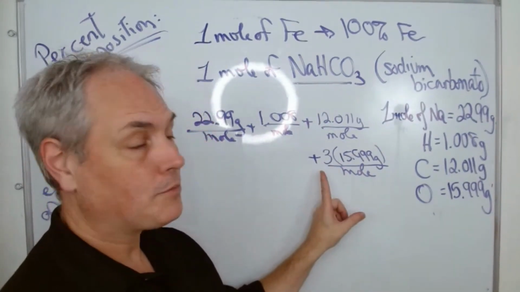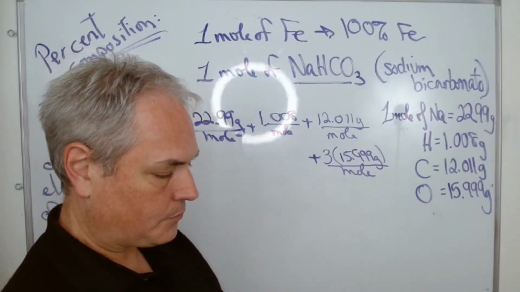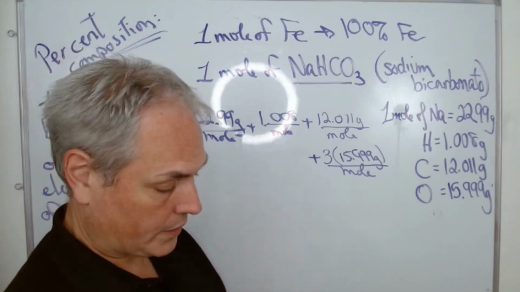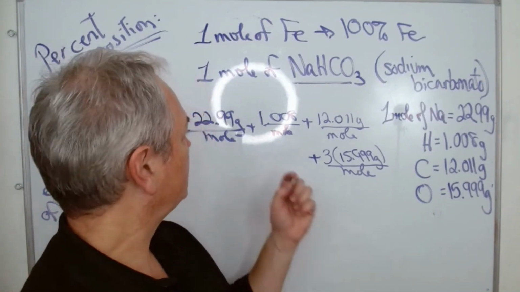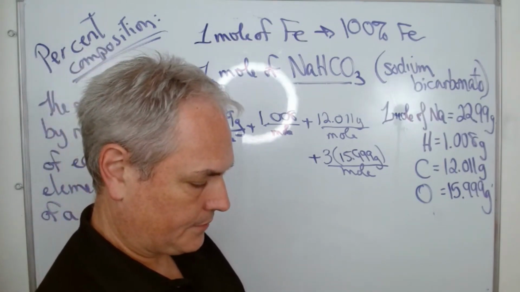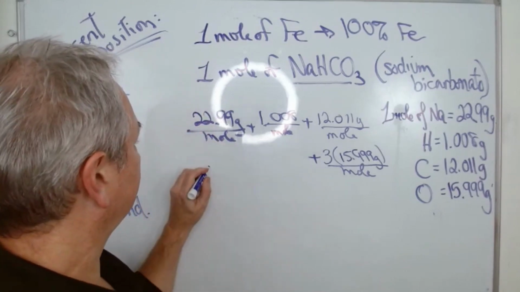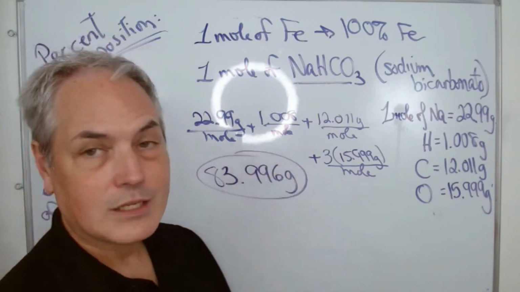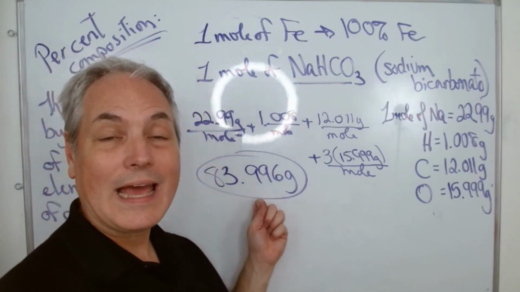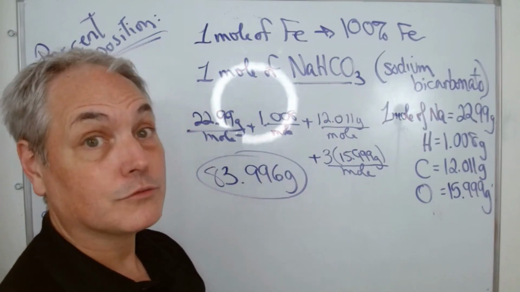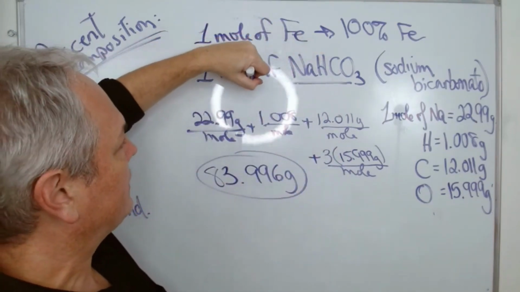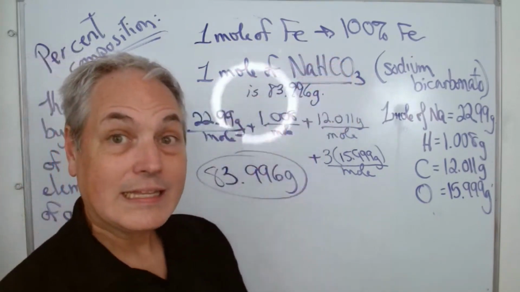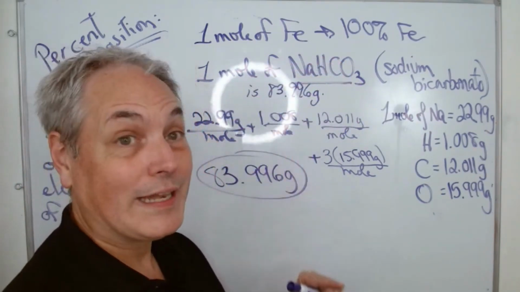I'm going to start with the multiplication: 3 times 15.999, plus 12.011, plus 1.008, plus 22.99, and that gives me 83.996 grams. That's important information, because now we have the molar mass of this molecule. 1 mole of sodium bicarbonate is 83.996 grams. This information is very important for the next step. You'll see.